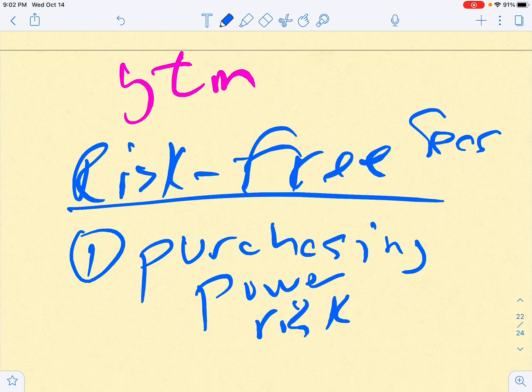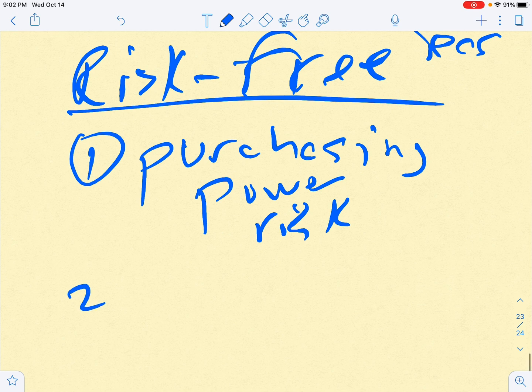By investing in that, you are effectively trying to hedge inflation that occurs between the day you purchase the security and the day it matures. But you don't know for certain what inflation is going to be, so you've got purchasing power risk.